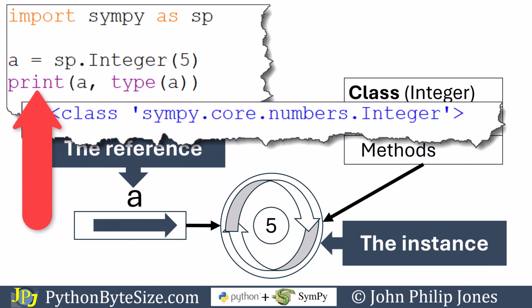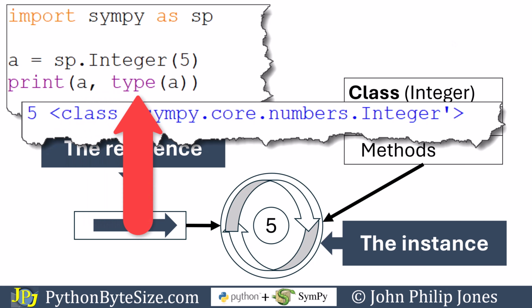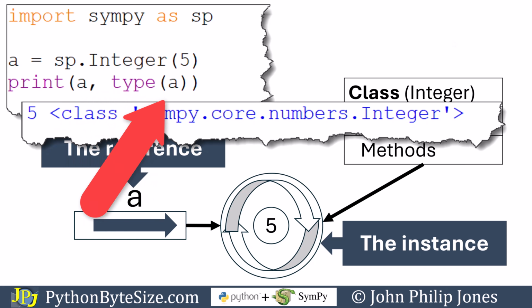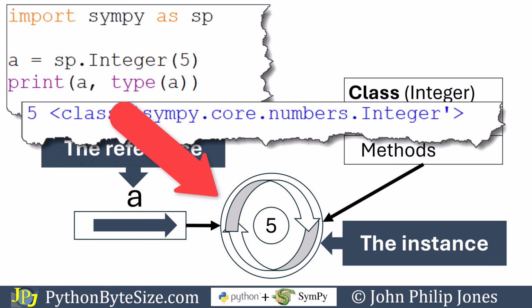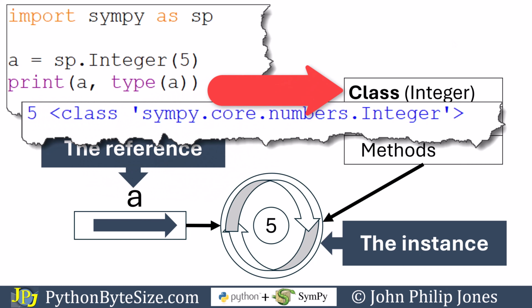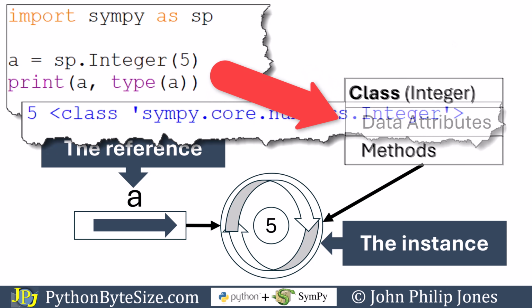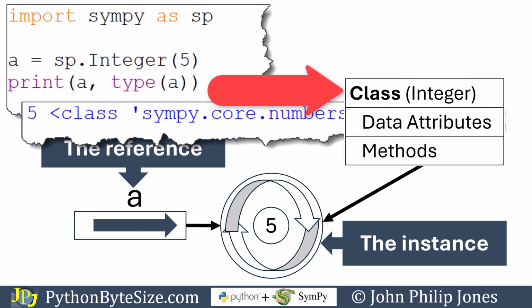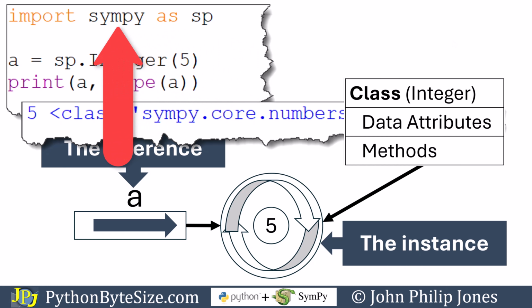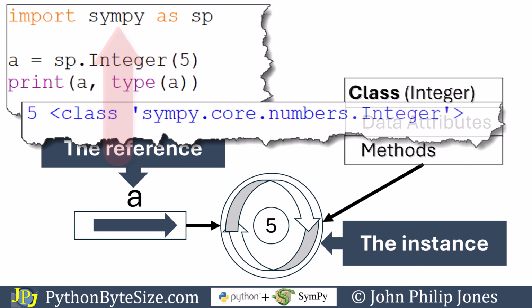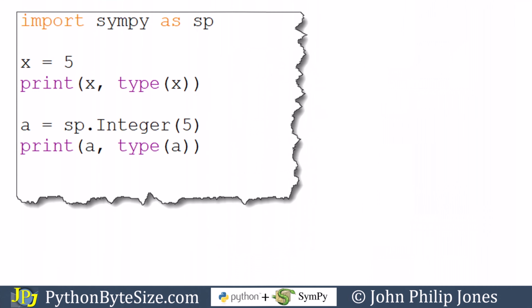The print will also now print the type of A. So it goes to A, which points to this object, and of course this object was based on this class, which is partly obscured by the runtime. But the thing to note is that this class is the class that was defined in the SymPy module. I will emphasize this difference on the next slide that's coming into view now.